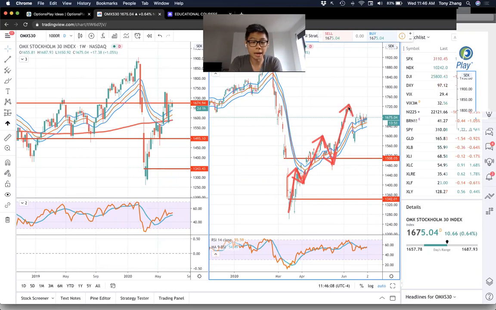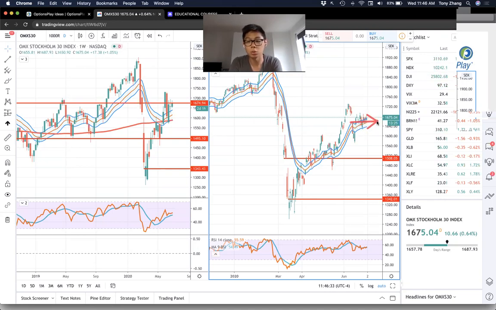Since then, this wave formation has stopped, because since the last pullback, it has not been able to rally past the previous high around 1730, 1725 or so. It managed to rally back into the roughly 1700, 1690 range, and has stalled in this range. It is currently trading roughly sideways.